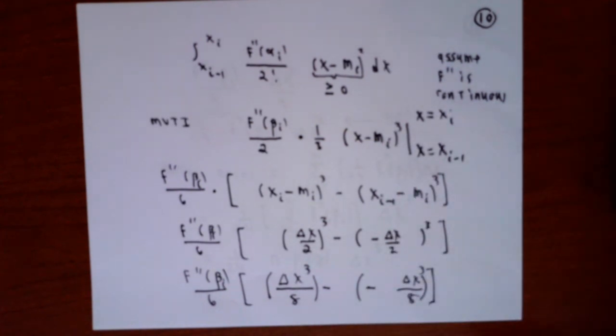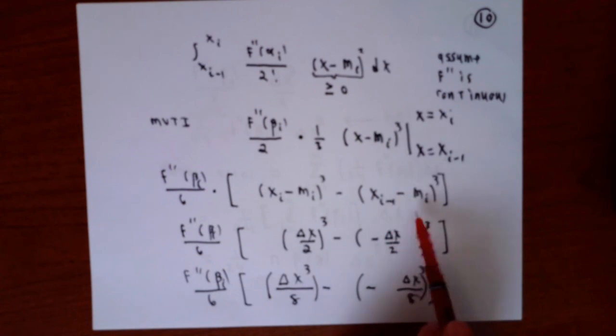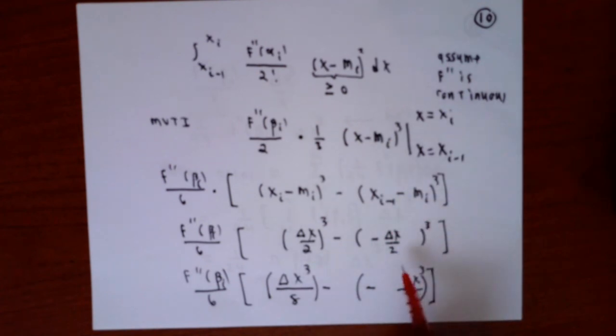Xi minus mi, you'll remember, is delta x over 2. Xi minus 1 minus mi was negative delta x over 2. Now this time I'm cubing these things, so the negative signs don't go away. Here I'm going to have delta x cubed over 8 minus the negative of delta x cubed over 8.